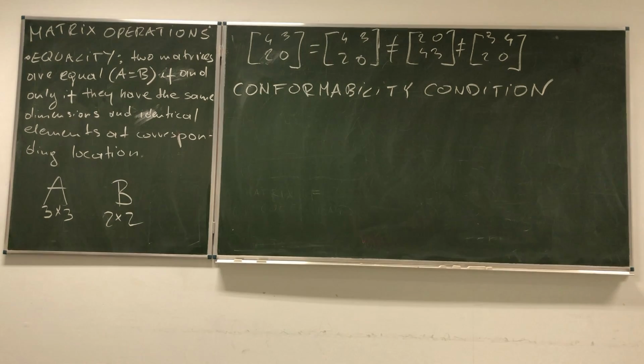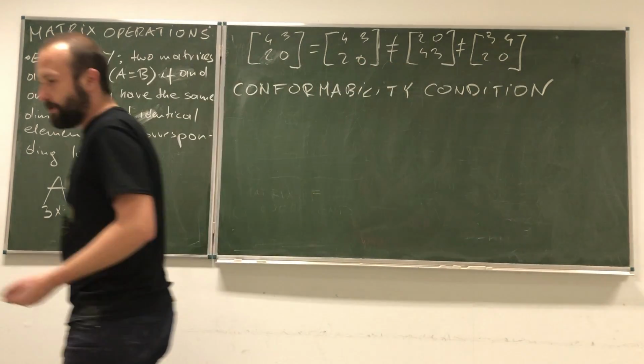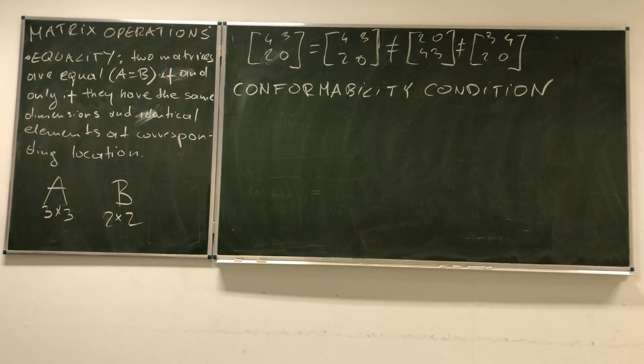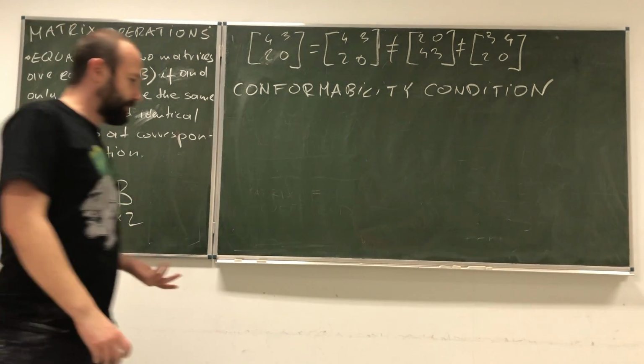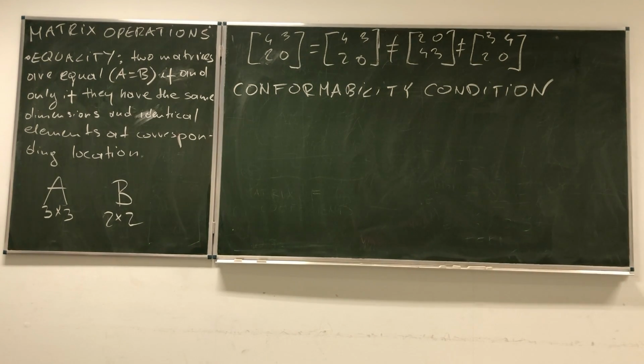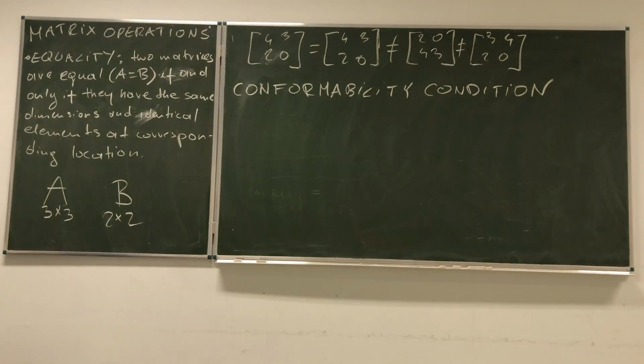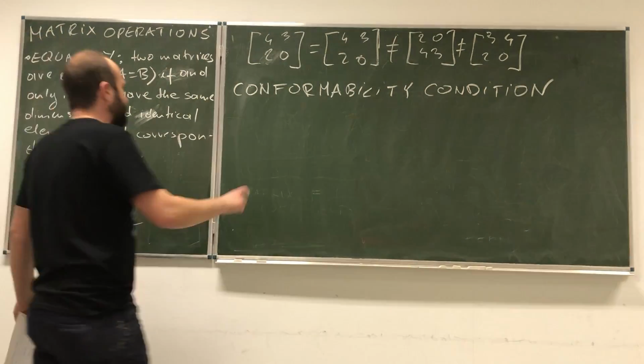So conformability conditions are conditions required if we want to perform some specific operation on matrices. And look, different operations will have different conformability conditions. Okay, so let's start with addition and subtraction of matrices.